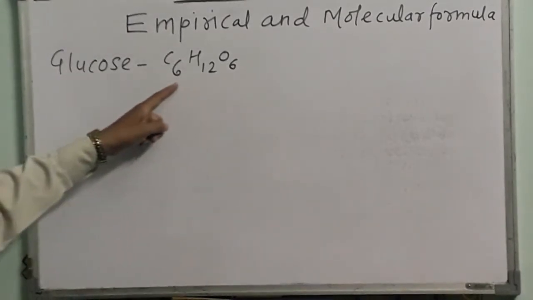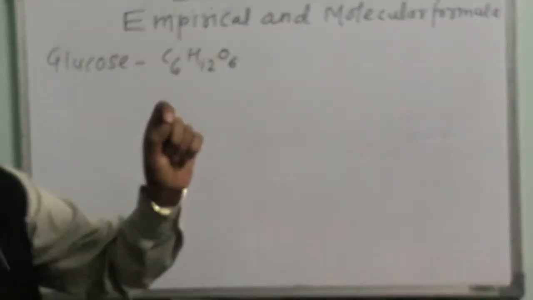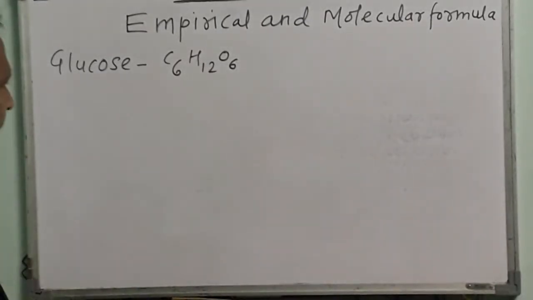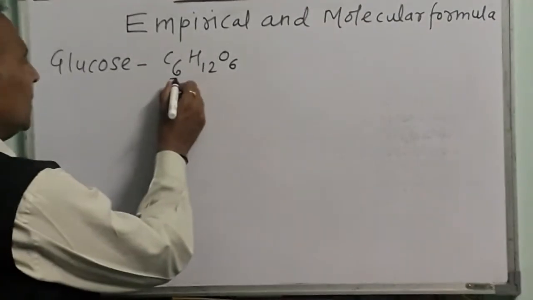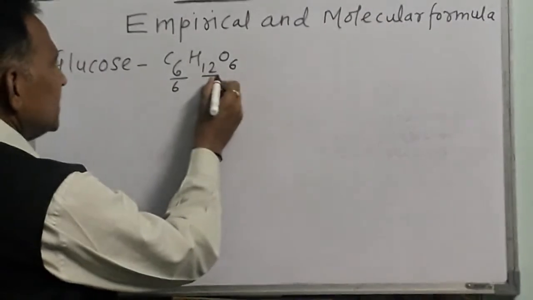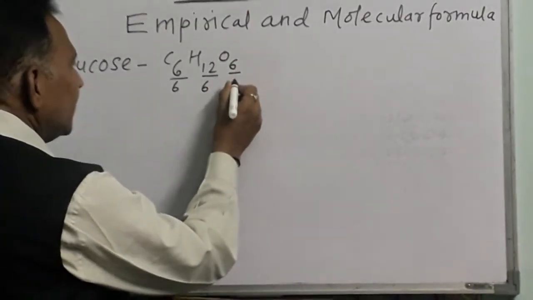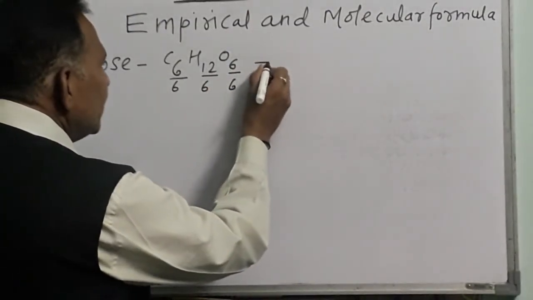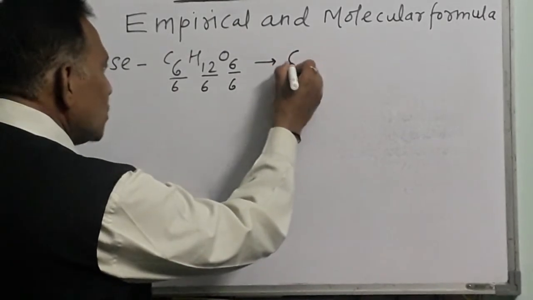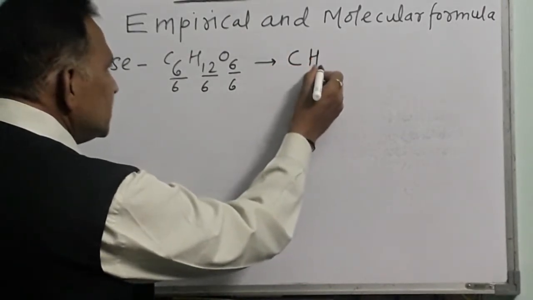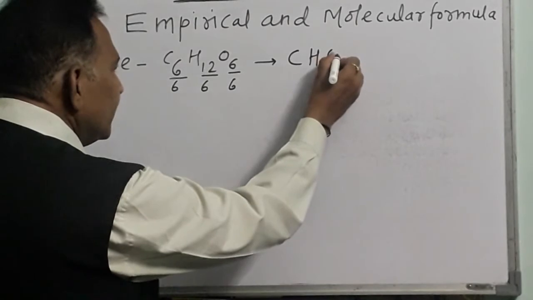All these numbers are divisible by a common number, 6, and if we divide every number by 6, we can reduce this formula to a short formula, called CH2O.